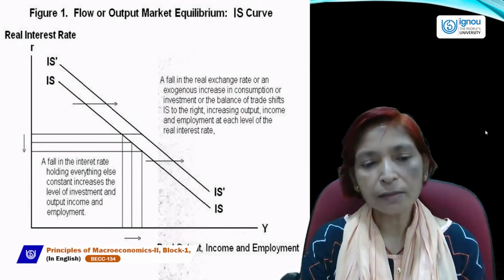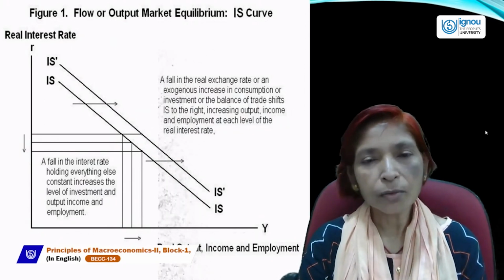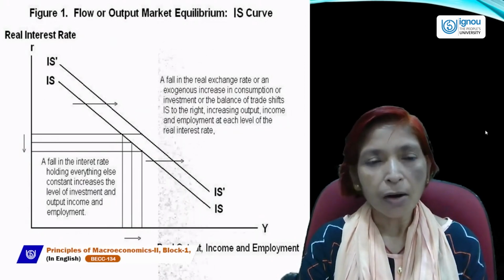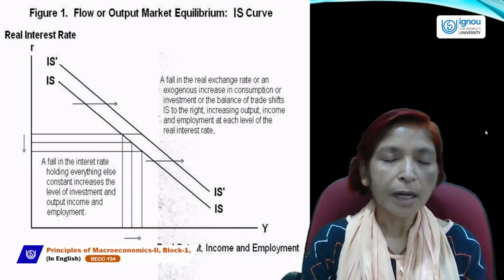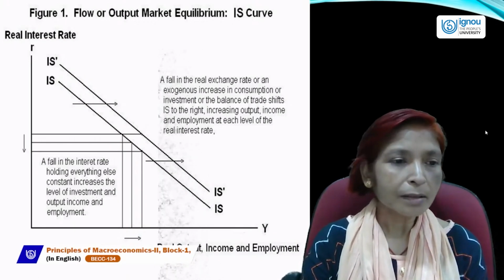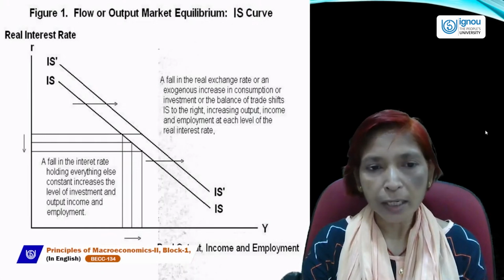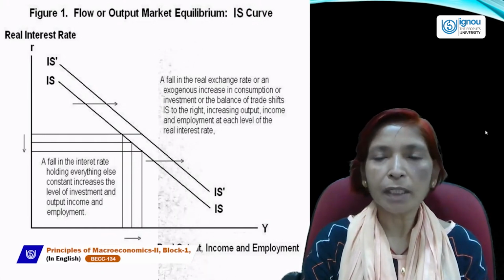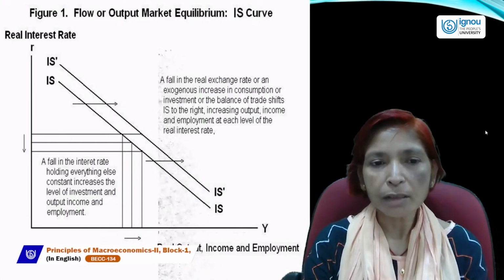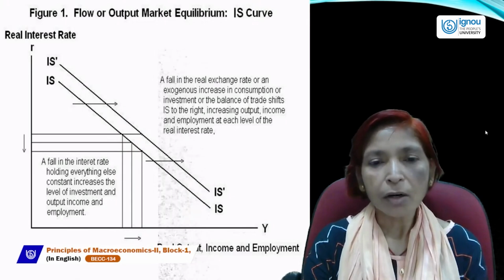So the IS curve can shift either to the right hand side or upward, or to the left hand side or downward. A fall in the real exchange rate or an exogenous increase in consumption, investment or the balance of trade shifts IS to the right.